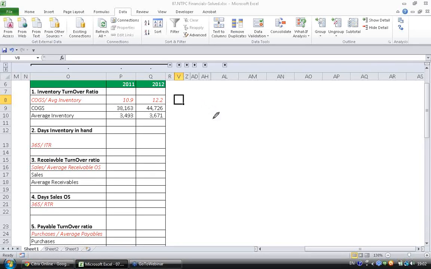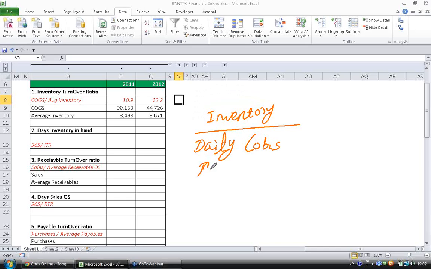The days inventory can be calculated as inventory divided by daily cost of goods sold. So meaning you are selling this much amount of goods every day, for which you are maintaining this much amount of inventory.